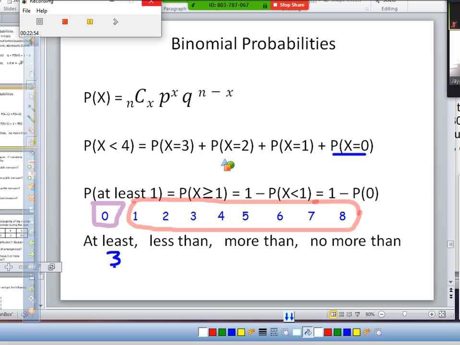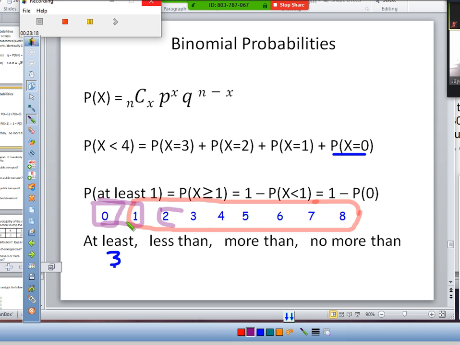Yeah. If it was at least 2, then we would have to find the probability of 0 and 1 and subtract those from 1 to get 2 or more. Does that make sense? Yeah, I think I understand.